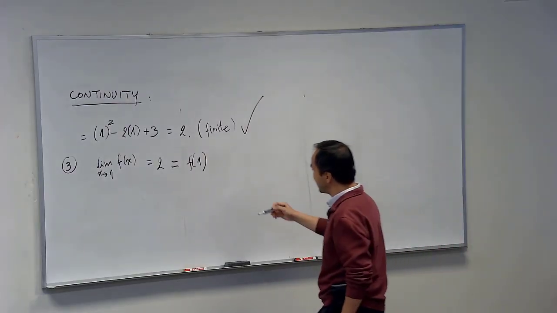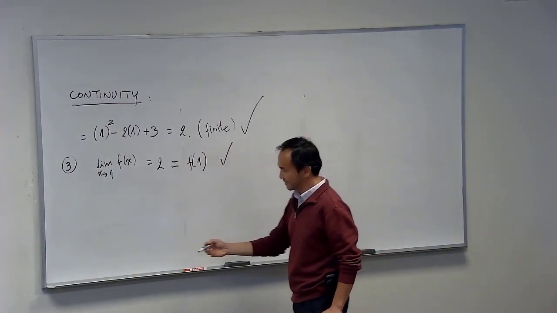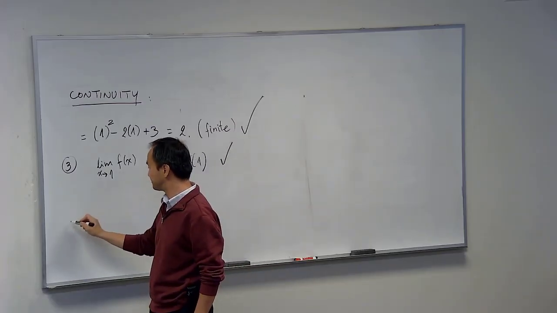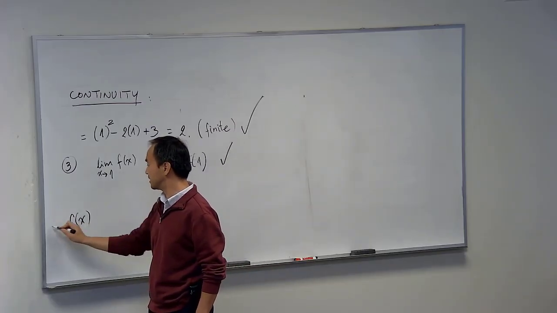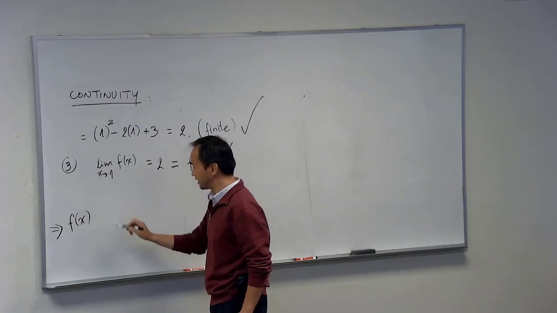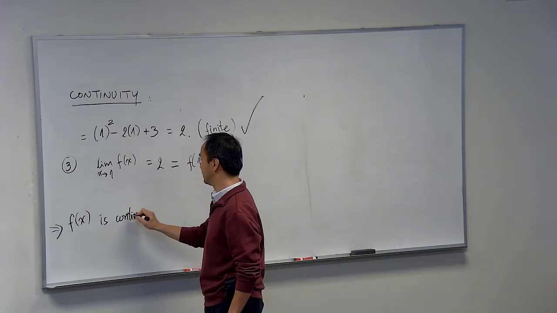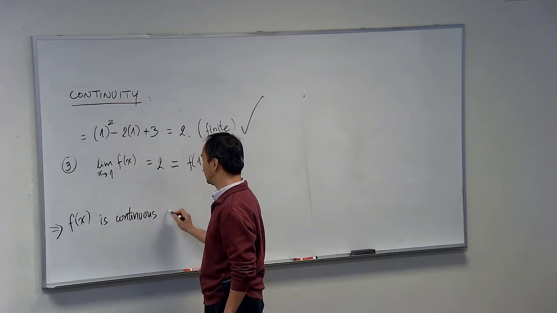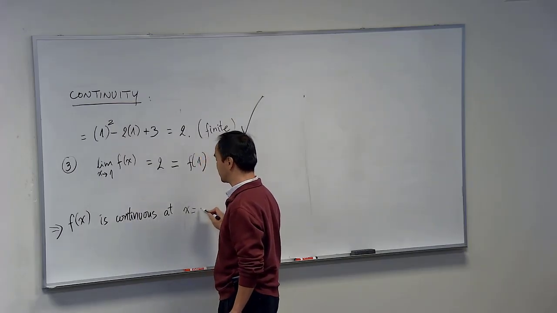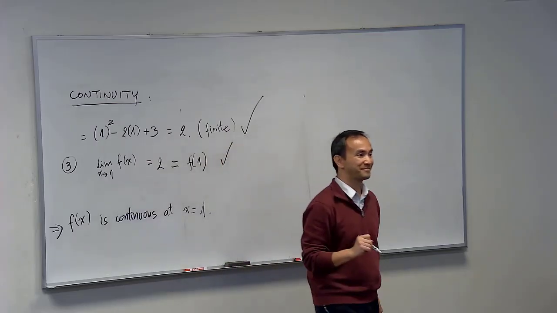And now, after passing the third requirement, our conclusion is that f of x is continuous, specifically at x equals 1.